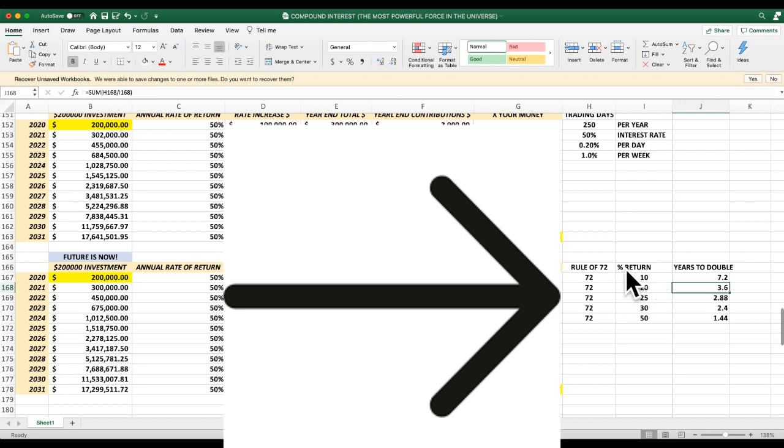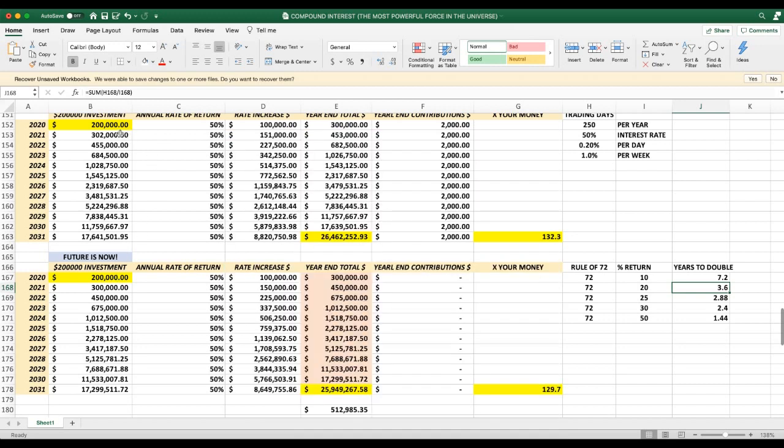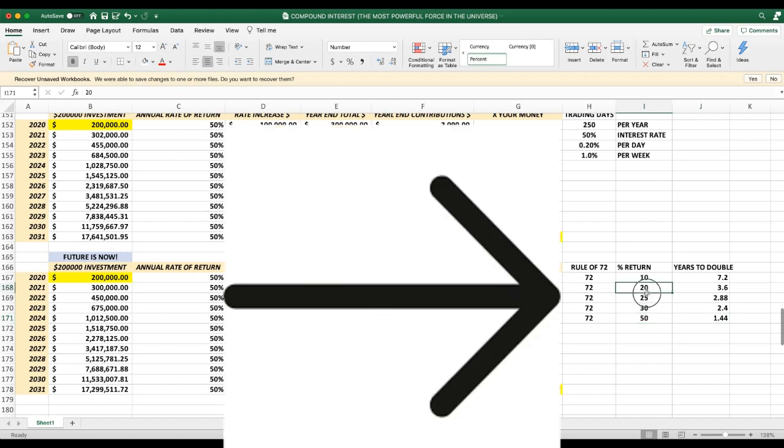So for example, if you look at the 200,000 to, let's say, 400,000, where's the 400,000? At 50%, obviously I'm going to double before even 2 years. 1.44 years, it'll get to 400,000. But that's at 50%. That's a massive number. These are usually the numbers you use for this rule of 72: 20, 25, and 30. So you can see at 2.4 years, you double your money.